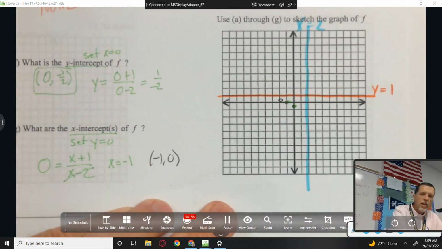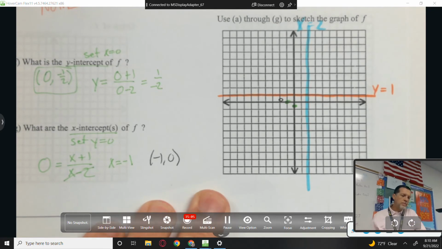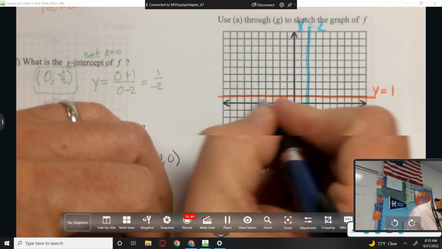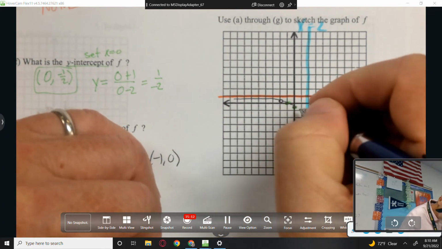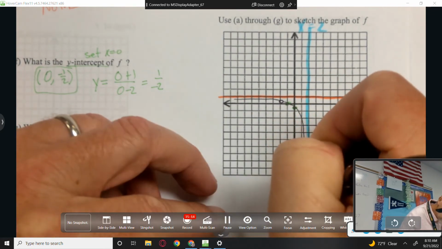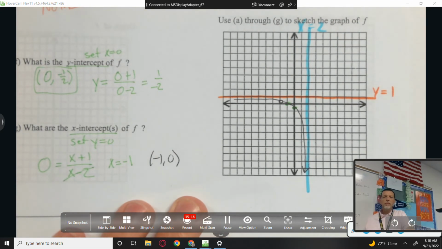And now on the left half of my graph, left of x equals 2, I'm pretty sure I know what the graph looks like because I got 3 points over there. And I know how asymptotes work. So go through those 3 points and use the asymptotes. And so there's what the left half looks like.